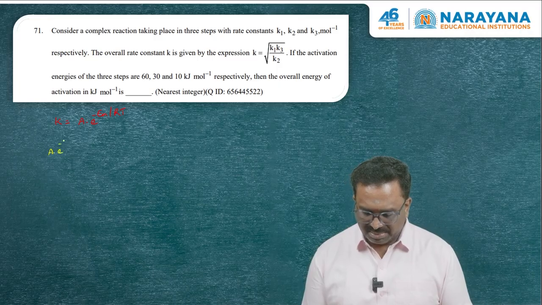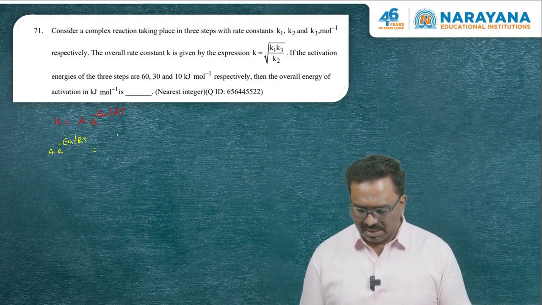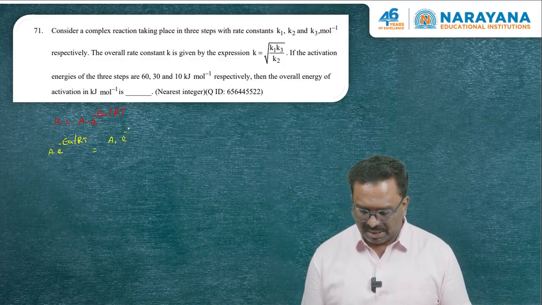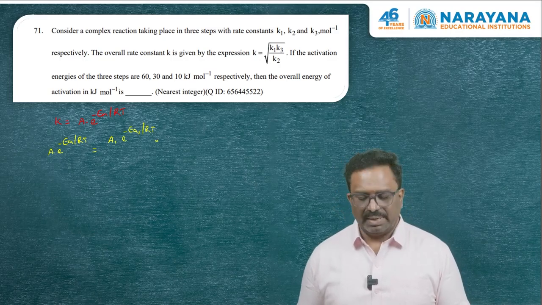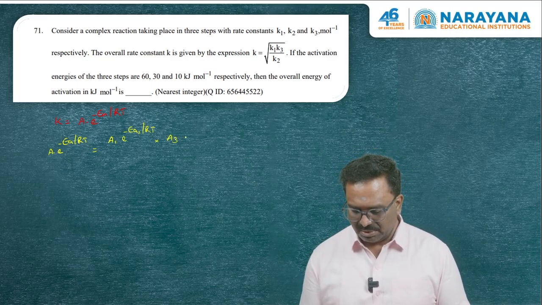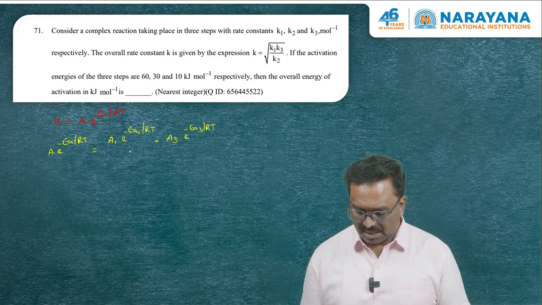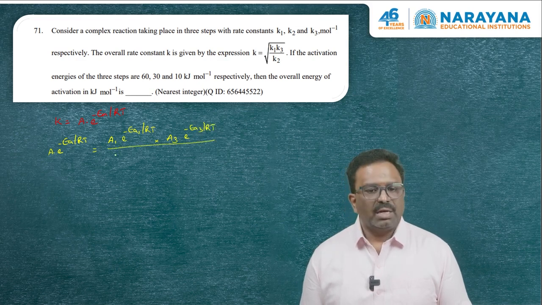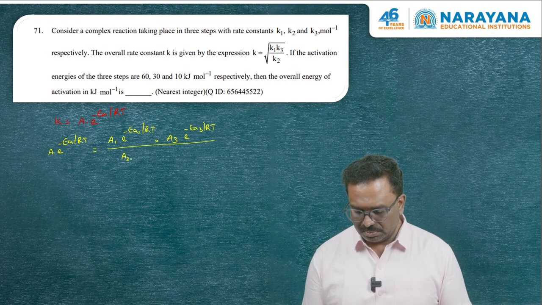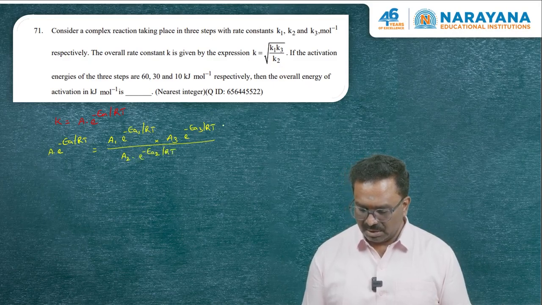A into e to the power minus Ea by RT is equal to K1, that is A1 into e to the power minus Ea1 by RT, into K3 was given, so A3 into e to the power minus Ea3 by RT, divided by A2 into e to the power minus Ea2 by RT, the whole to the power 1 by 2.